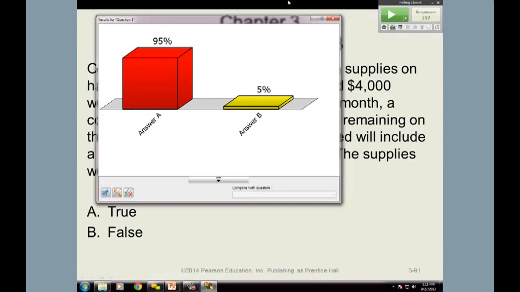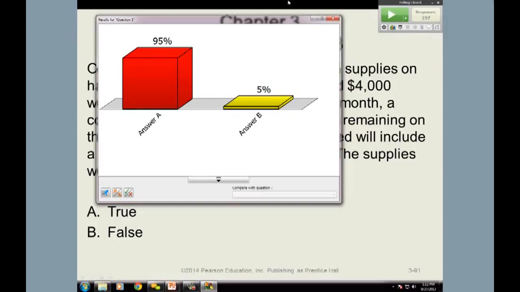Yep. Do adjusting entries always have to contain an expense account? I'm sorry? Do adjusting entries always have to contain an expense account? Yeah, okay. The question is, are adjusting entries always going to involve an expense account? And the answer is, depending on the entry. In this case, yes. It's going to involve one balance sheet account and one income statement account.